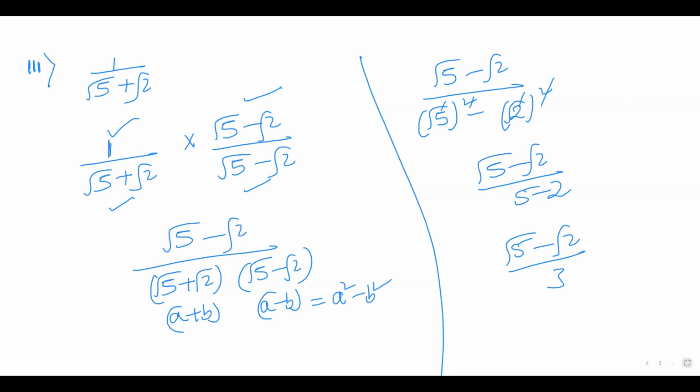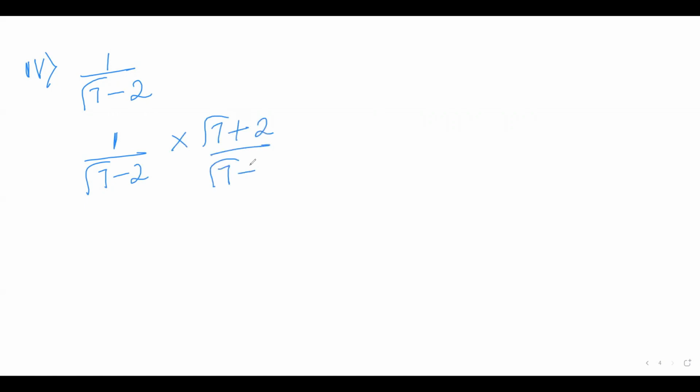Next and the last bit of the exercise. 1 by root 7 minus 2. What is the rationalizing factor? Root 7 plus 2. Numerator into numerator, you will get root 7 plus 2. Write down denominator into denominator.